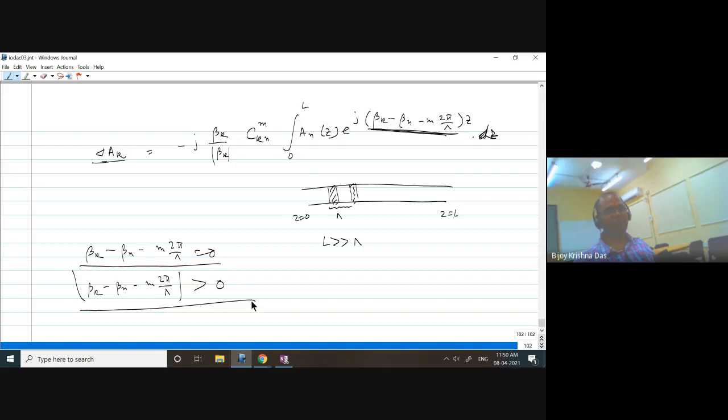If you are just integrating over a certain length, several periods, in this case what would be the result? And in this case, what would be the result? Assume that ckn is not equal to 0, and what I am saying is the evolution of the kth mode because of the nth mode and perturbation of this kind. So in these two situations, what will happen to the right hand side? Anyone can help?